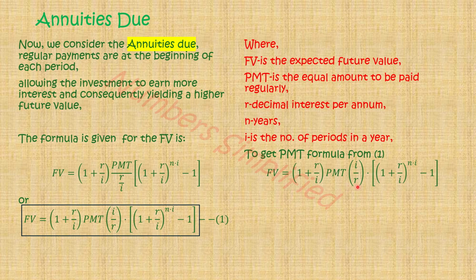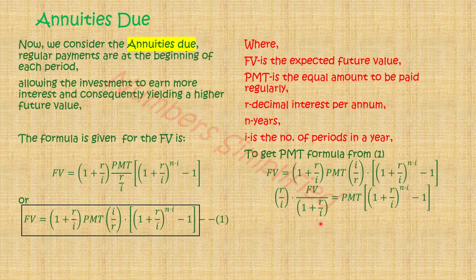The same thing happens for the I over R. If we multiply, so that's another way of saying divided by I over R. If we multiply by the reverse, R over I, what it does is it will cancel out the I and the R that is multiplying PMT immediately, to be on the other side.